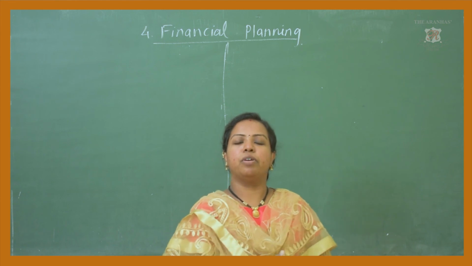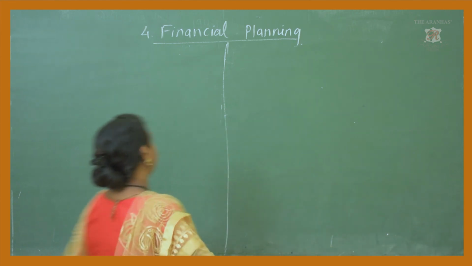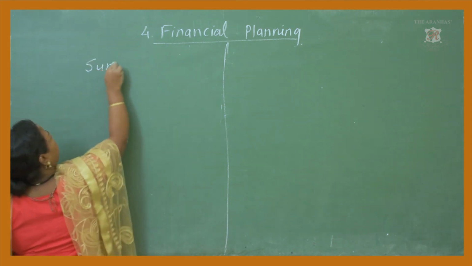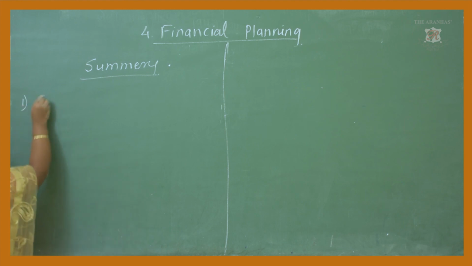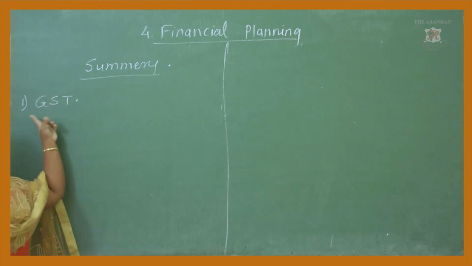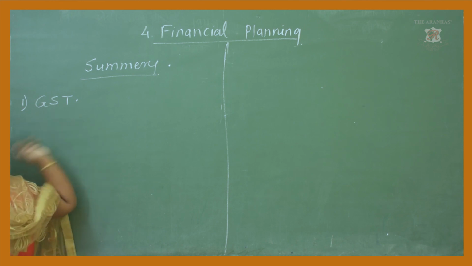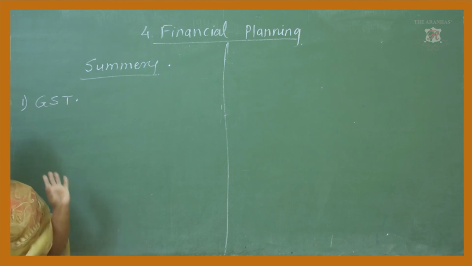So first of all, we are going to see what we learned in this period. First, GST: we learned that GST is goods and service tax, that is the amount to be paid on taxable value.